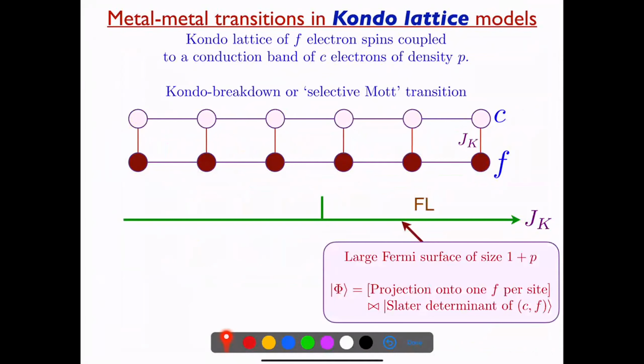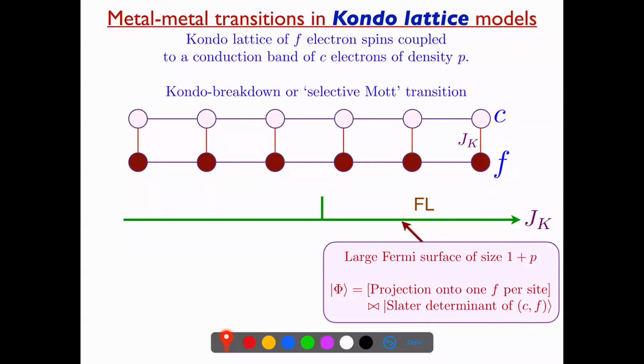And then what I was asserting was that there's a heavy Fermi liquid state which you can understand by initially just ignoring the interaction between the electrons. So just think of the F as also free electrons. So you get a two-band model of C and F, and you just form a free fermion state between them. And then you say, well, actually, I have to remember that only one electron can occupy these sites.